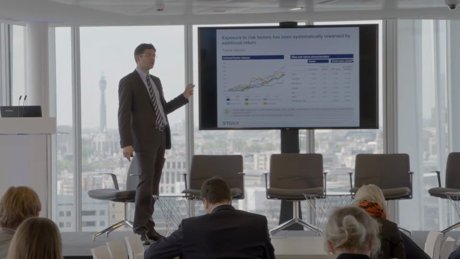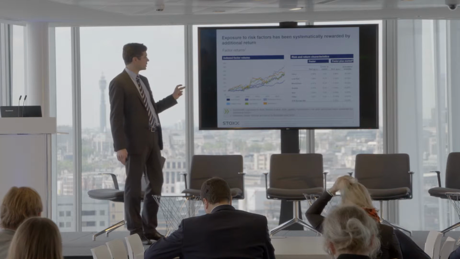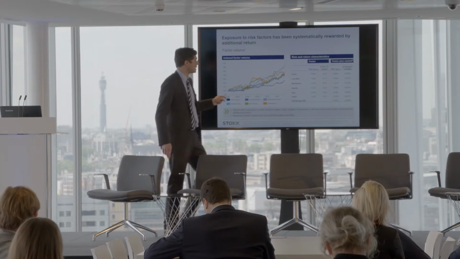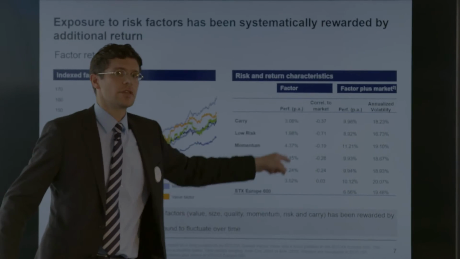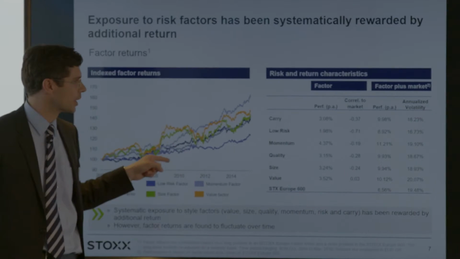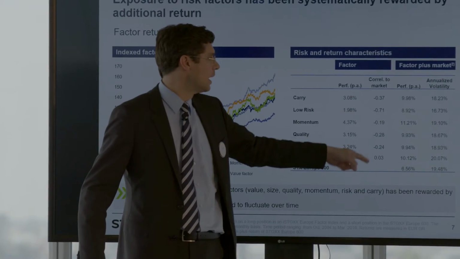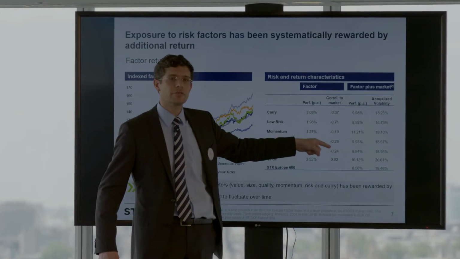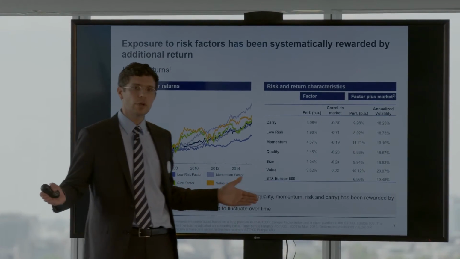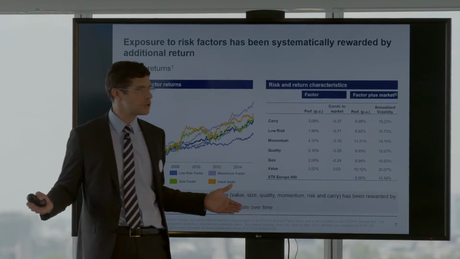Additional source of return is one very important characteristic. But what we see, displayed here, are the correlations. This is very interesting. The correlations of those factor returns to the markets, to the STOXX Europe 600, are on average even negative. And we all know negative correlations are a good thing when it comes to diversification, reducing risk.